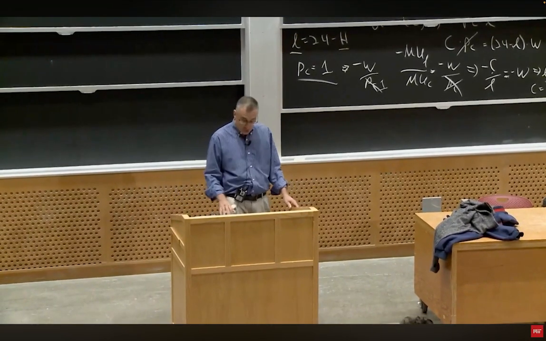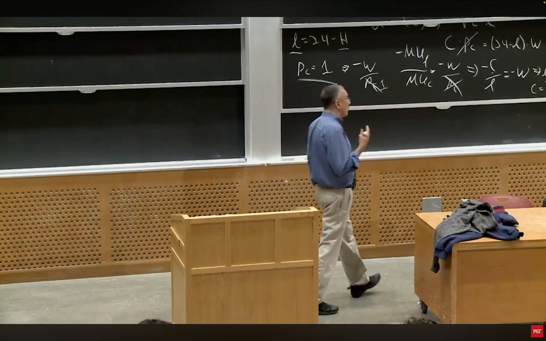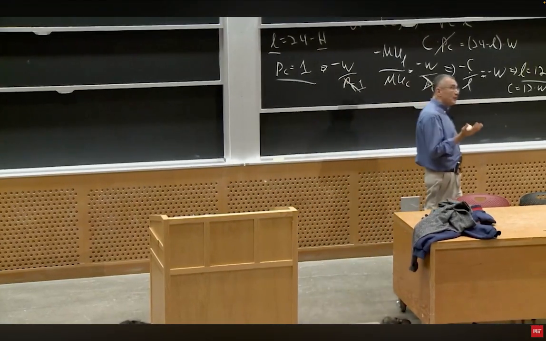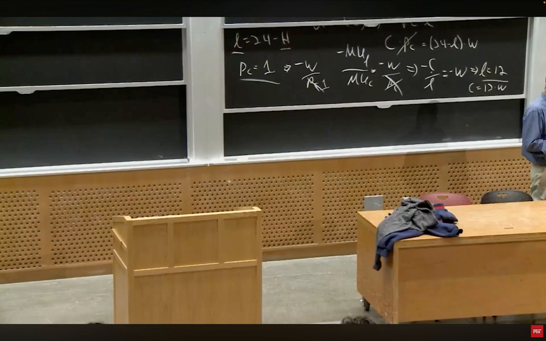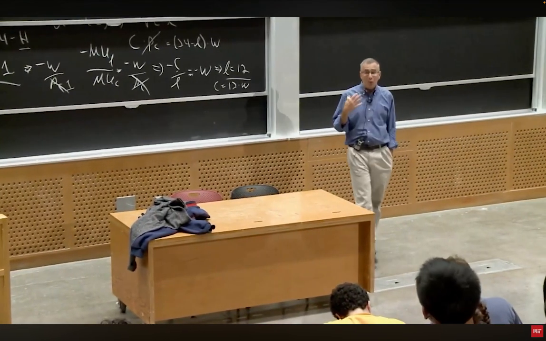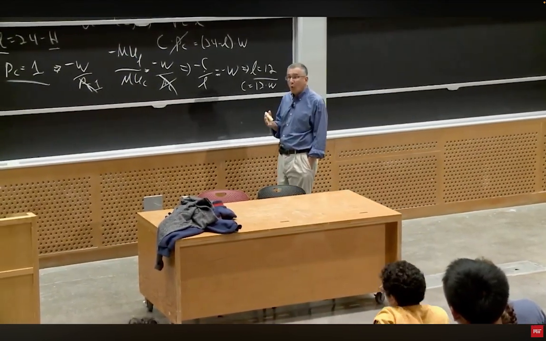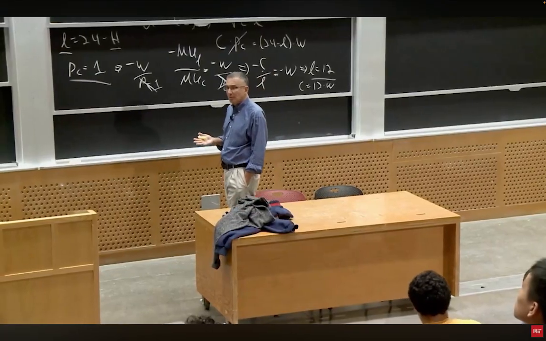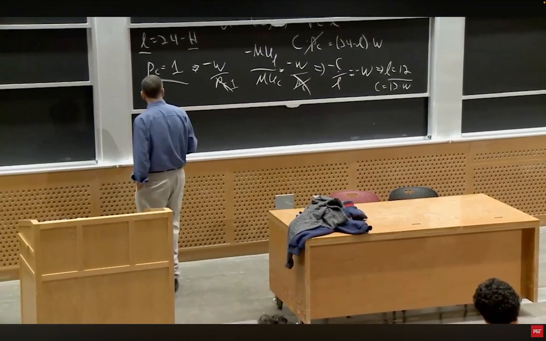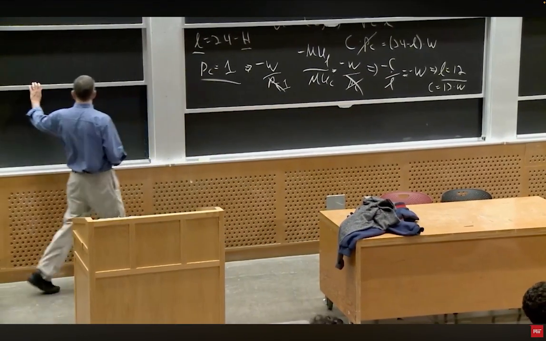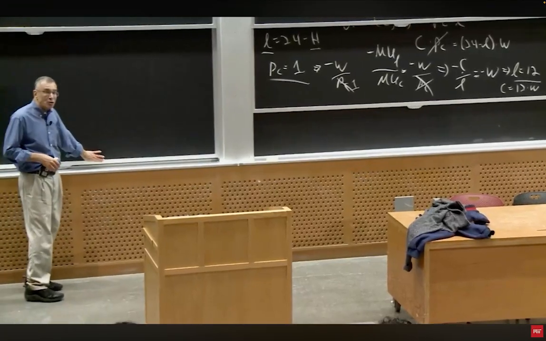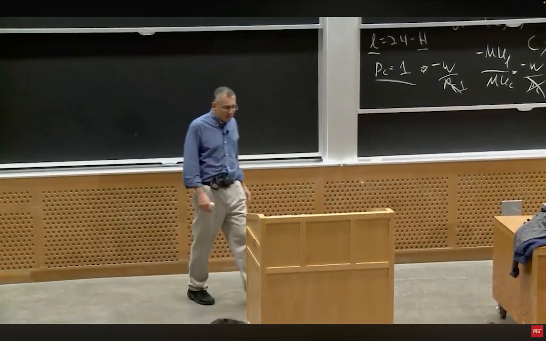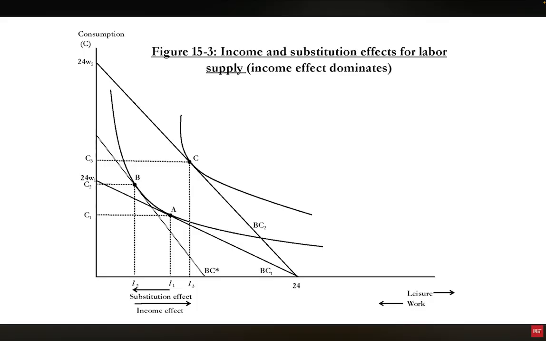Okay, so here's the key point. If substitution effects dominate, then a higher wage leads to less leisure. So if we translate that to a leisure demand curve, that translates to a downward sloping leisure demand curve.